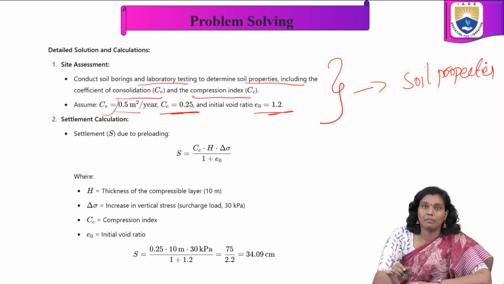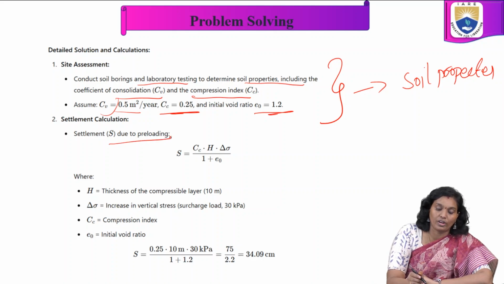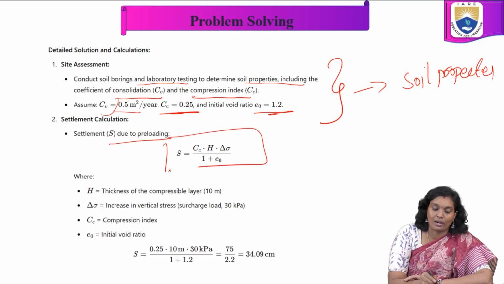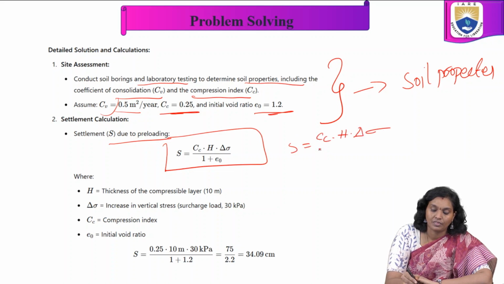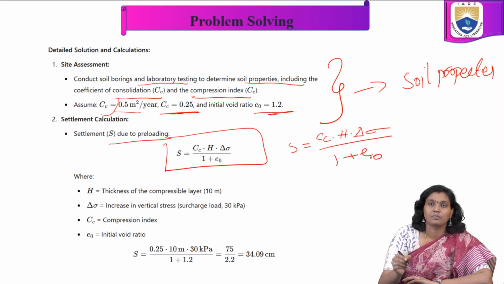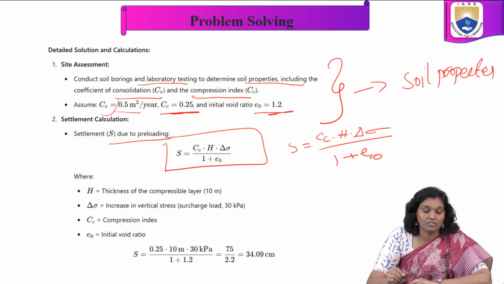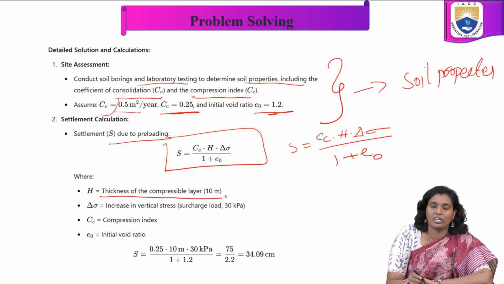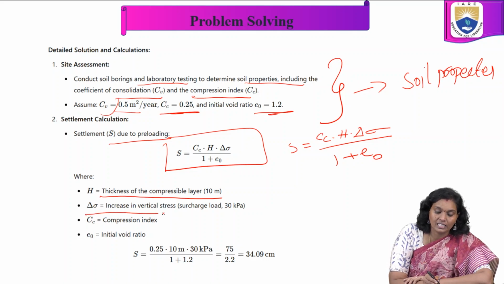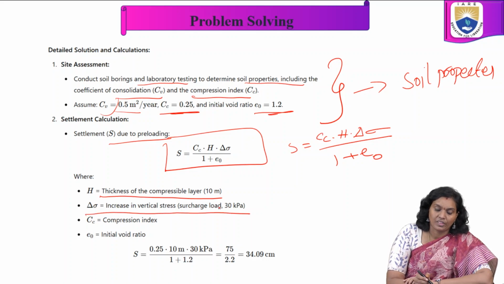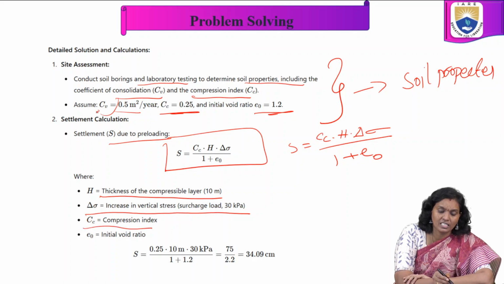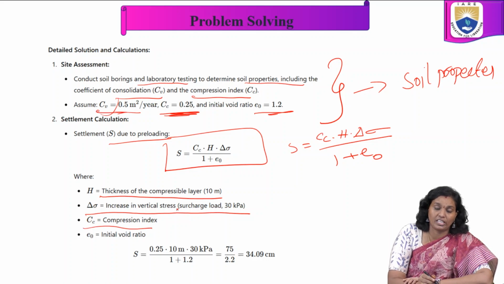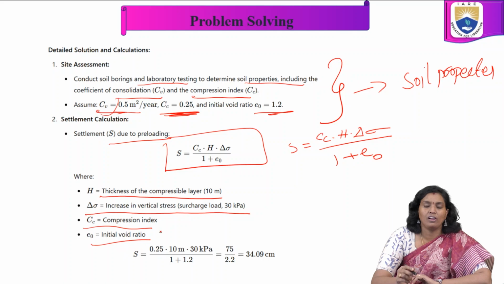Here is the settlement calculation due to preloading. The formula is S equals Cc H delta sigma over 1 plus e naught. Here H is the thickness of the compressible layer, 10 meters; delta sigma is the increase in vertical stress, the surcharge load of 30 kPa; Cc is the compression index; and e naught is the initial void ratio.